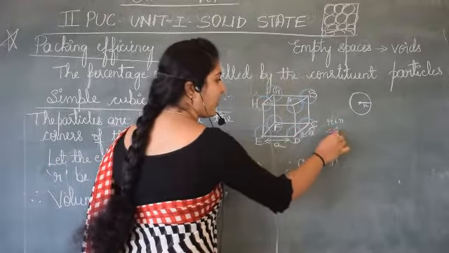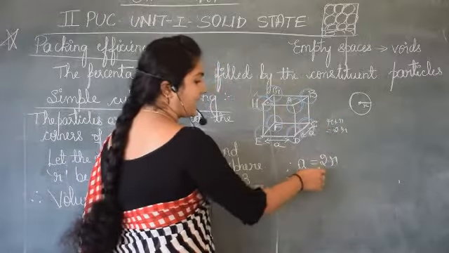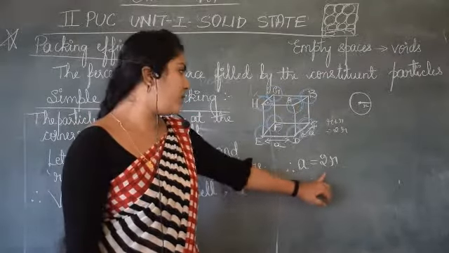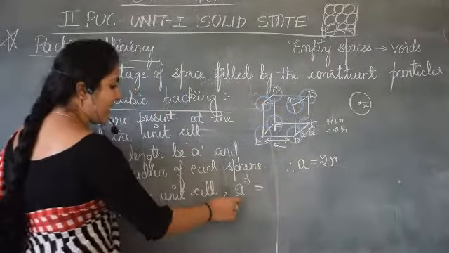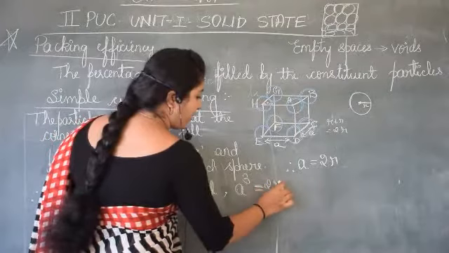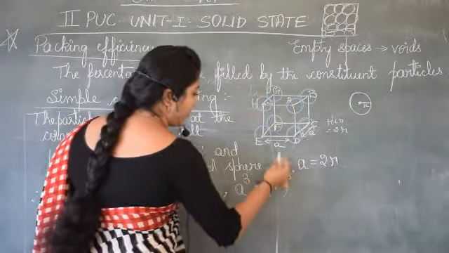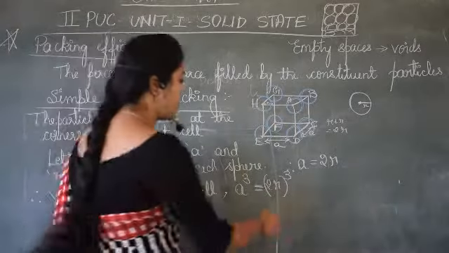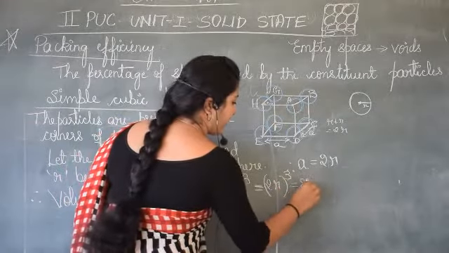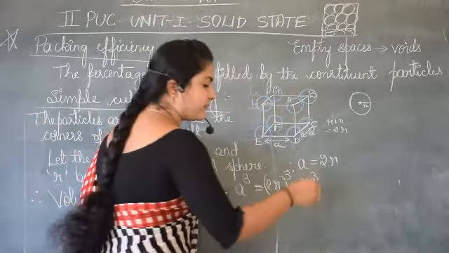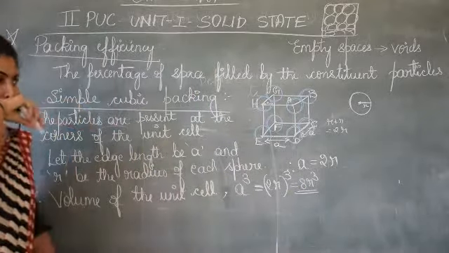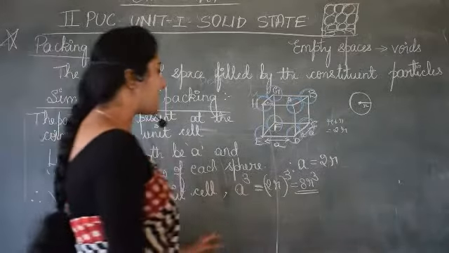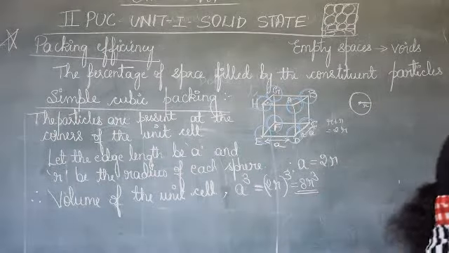It is 2r. That is why we write A is equal to 2r. Clear? Therefore, A cube is equal to 2r whole cube, which becomes 8r cube. Now you have got the volume of the unit cell. If this is clear, let us check out the next point.